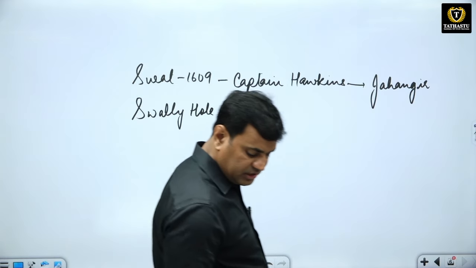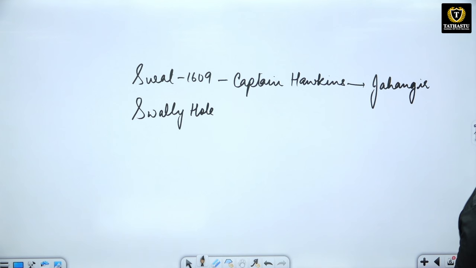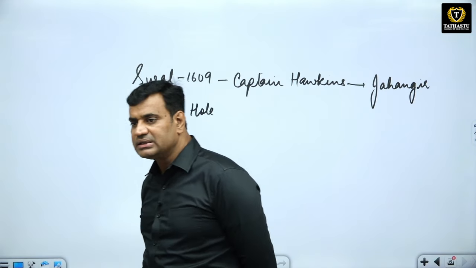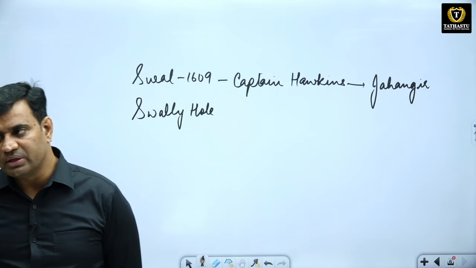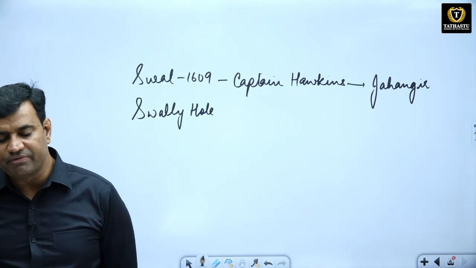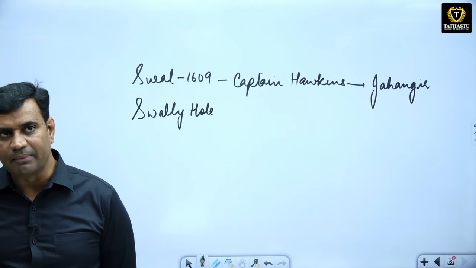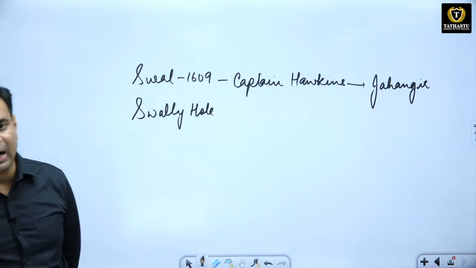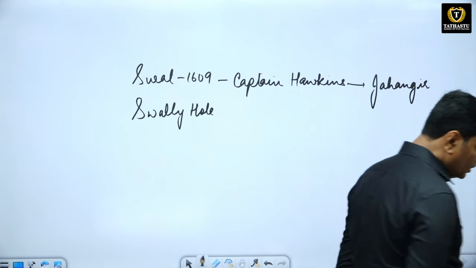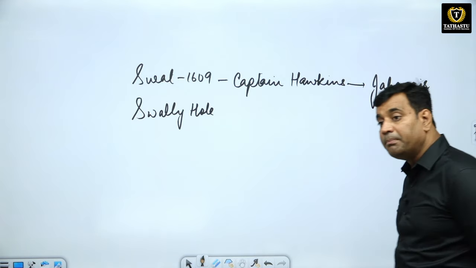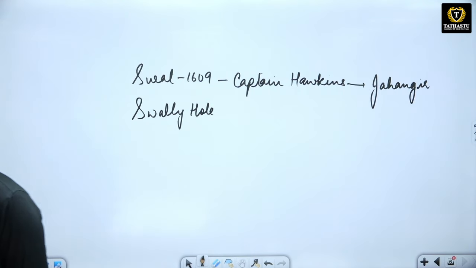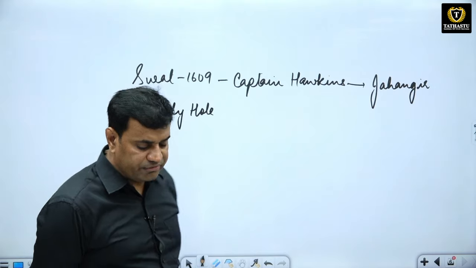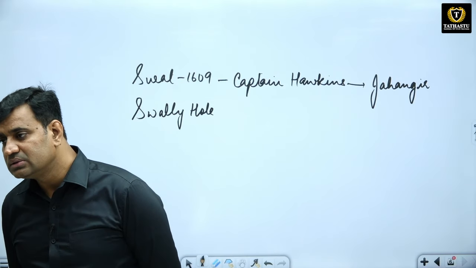The British East India Company established their first temporary factory at Masulipatam in 1611, followed by their first permanent factory at Surat in 1613.